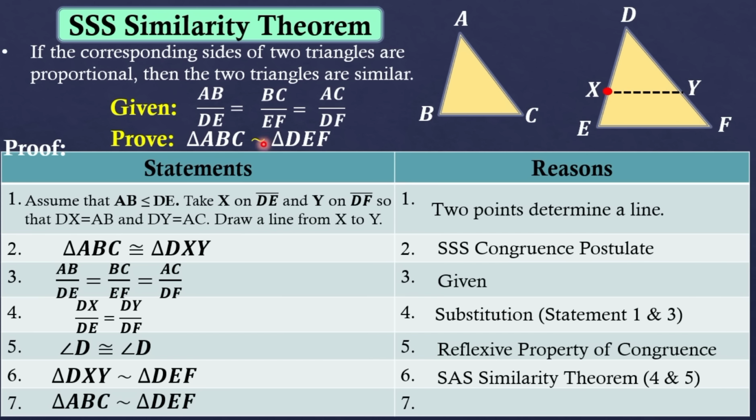So ito po yung ipoprove natin. Why? Since binanggit po dito kanina that triangle DXY is congruent to triangle ABC, ibig sabihin, by substitution, palitan natin si DXY ng ABC since congruent naman sila. So, triangle ABC is similar to triangle DEF. So, the reason is by substitution.